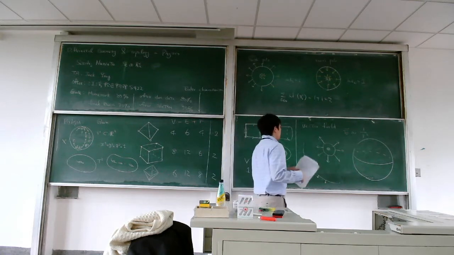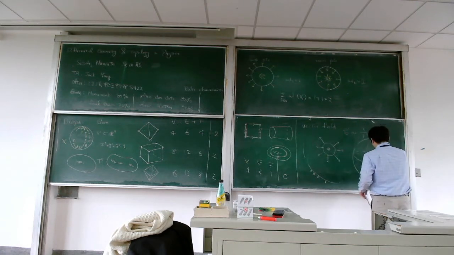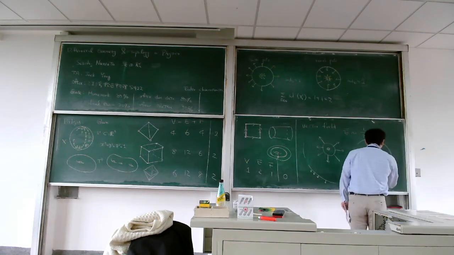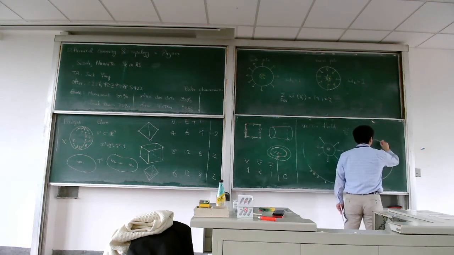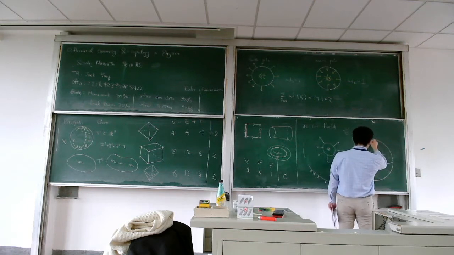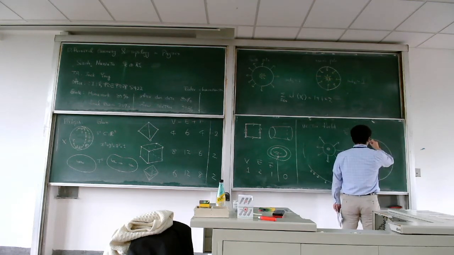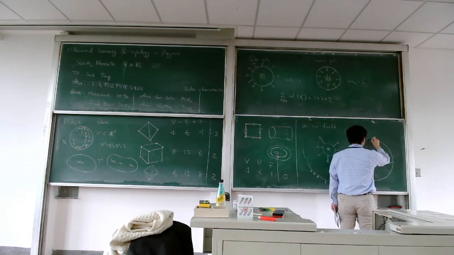Another way of drawing the vector field is to start from the North Pole and consider the following way. I'm not that good at drawing.